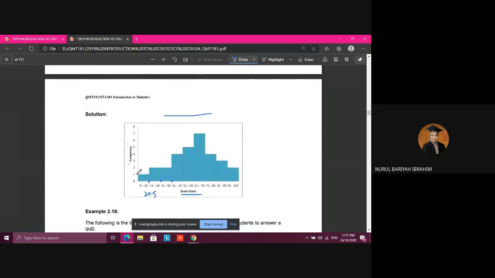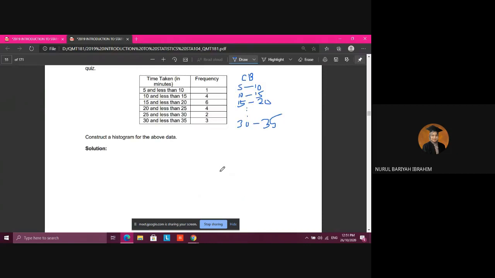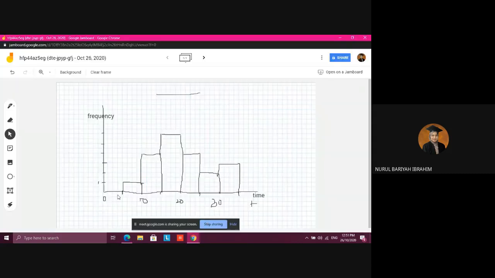Because of that kita rapatkan ke tepi. Okay, in this example dia punya lower class boundaries start dengan 5. So because of that you kena ada jarak di antara ni. Kena betul-betul lah kira ada punya scale. Sebab nanti untuk kira mode nanti di sini nanti kena turun ke bawah, so kena kira value tu. Kalau dia punya scale tu salah, so the value of mode also will be wrong.